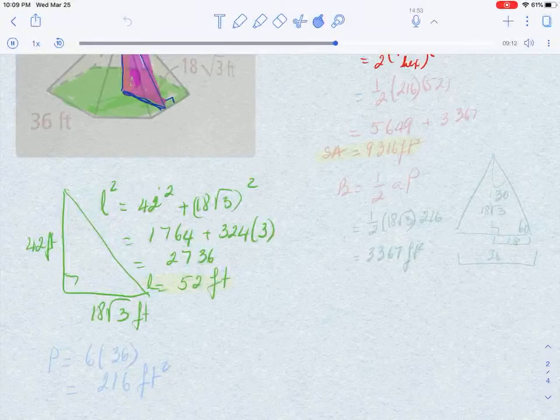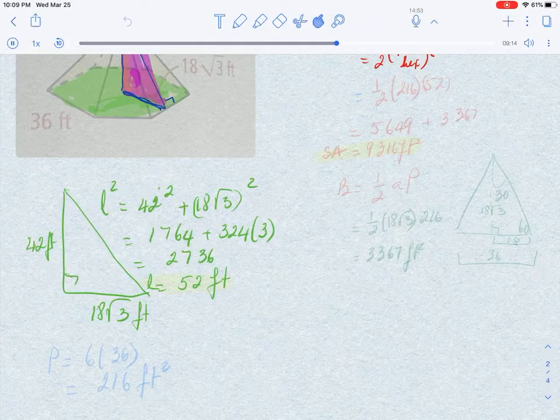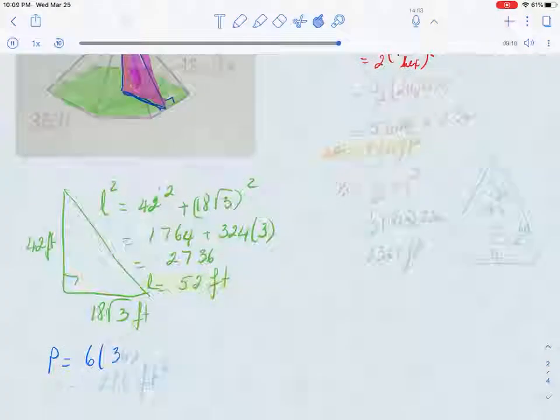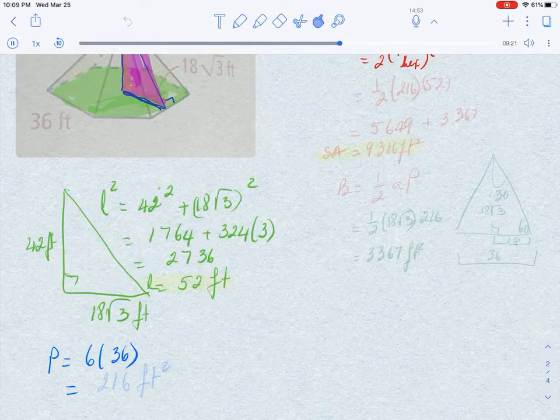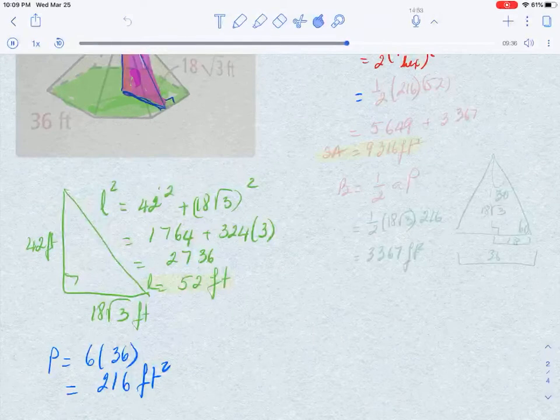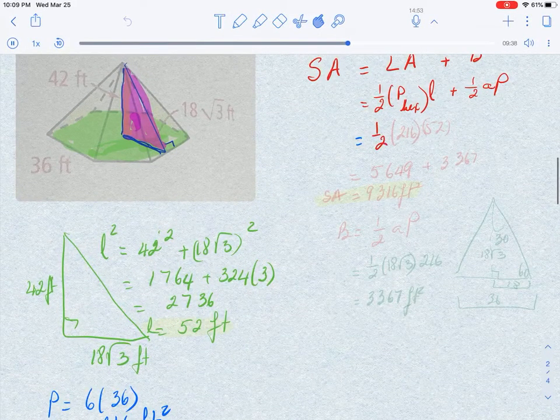My perimeter is 6 sides, so it's 6 times 36, that's 216 feet. So I should have 1/2 times 216 times 52.